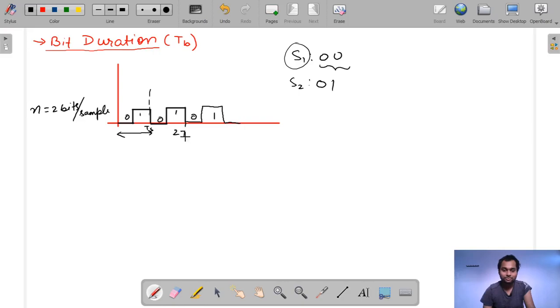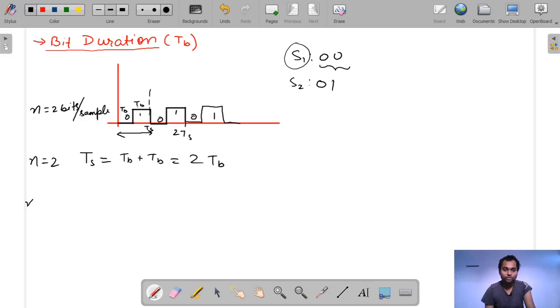This is 2TS. Okay, so now what is the value of TS, our symbol duration? There is bit 1 and this is bit 2. So this duration is TB and this is also TB. So TS is equal to TB plus TB, that is equal to 2TB, when n is equal to 2.